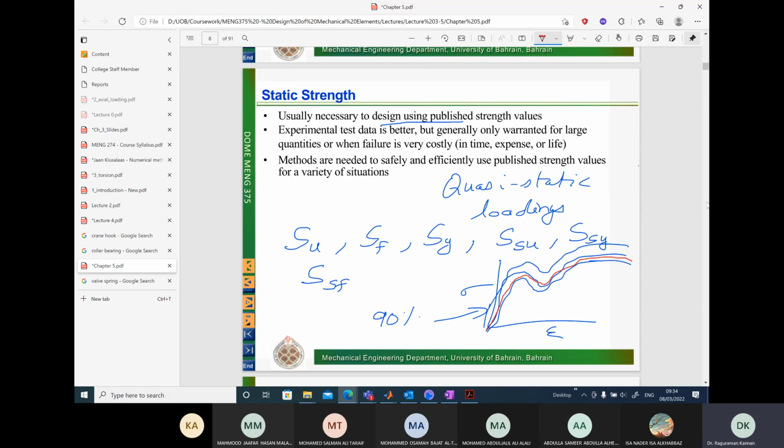That means below the red curve, only 10% of the specimen data are available, 90% of the data are usually above it. So this is the data we will pick from the experimental tests to ensure that most of the materials which are manufactured come under this particular failure data or strength properties.